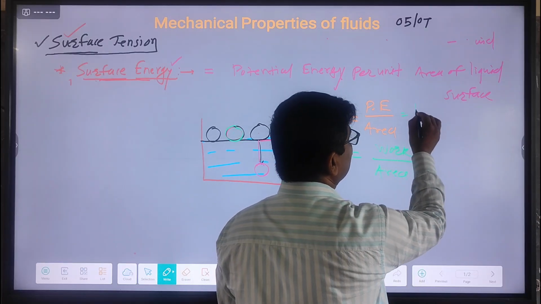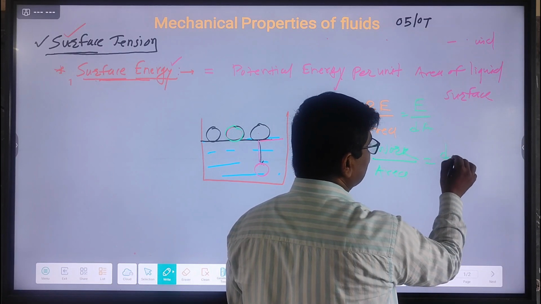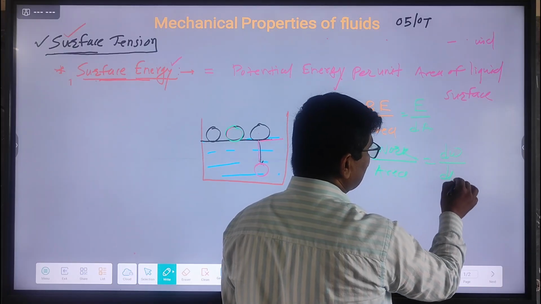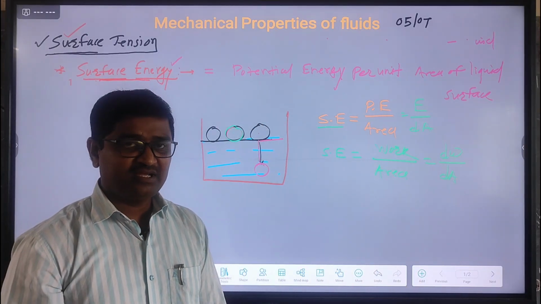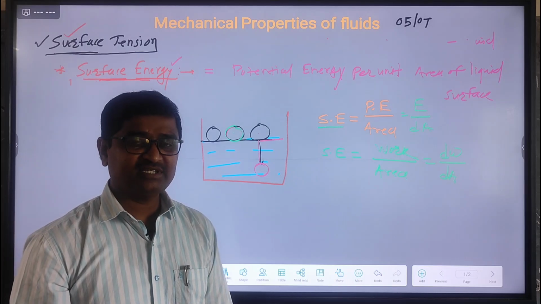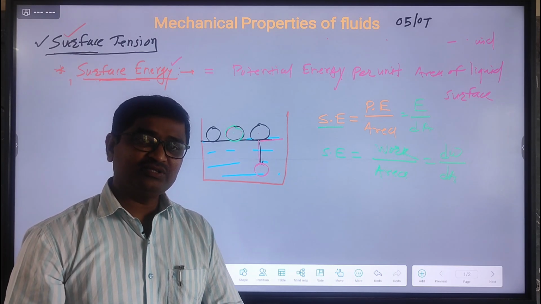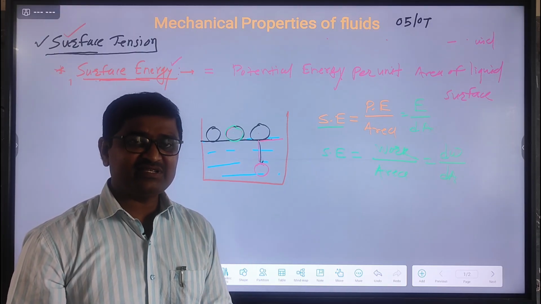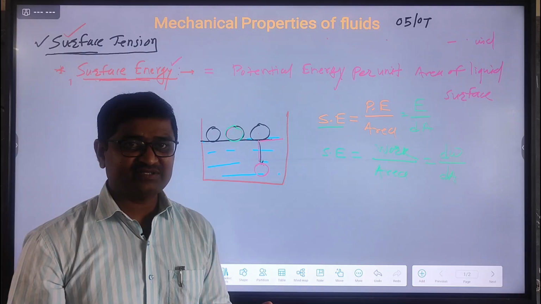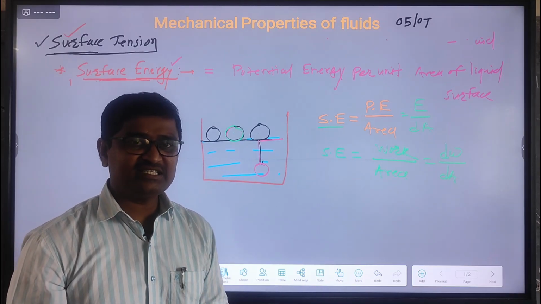Both are the same, and that is called surface energy. The concept is clear. Surface energy means the extra potential energy of the liquid on the free surface of liquid. So this extra potential energy is called the surface energy of the liquid. Get it clear? All the concepts are clear.